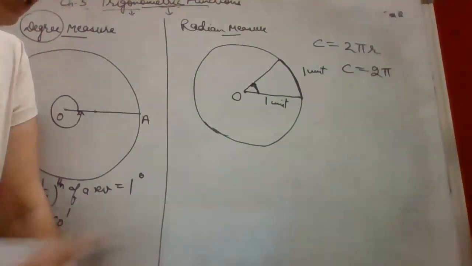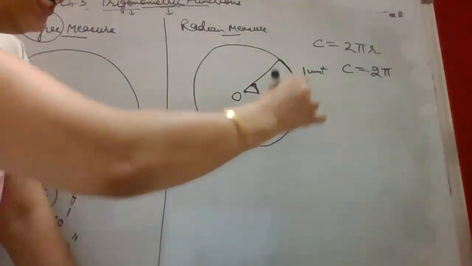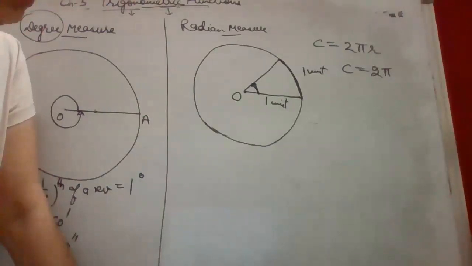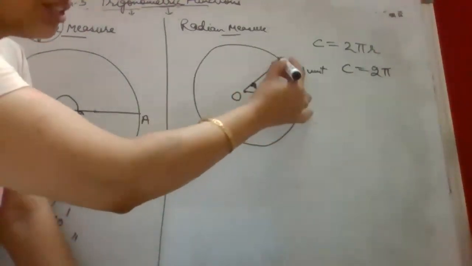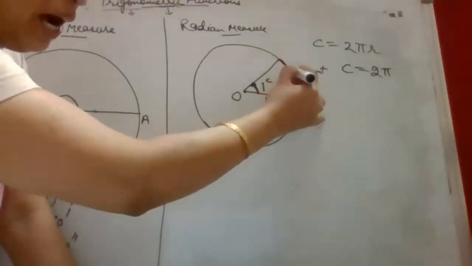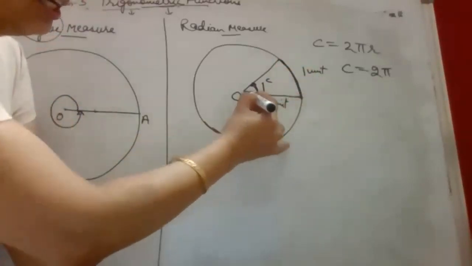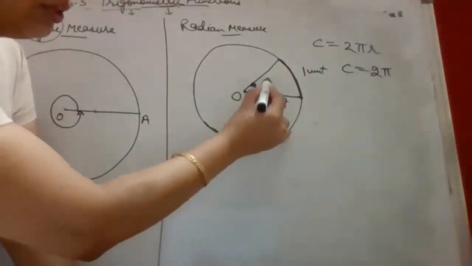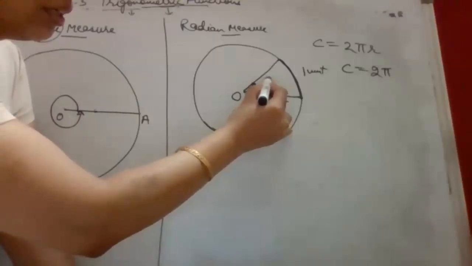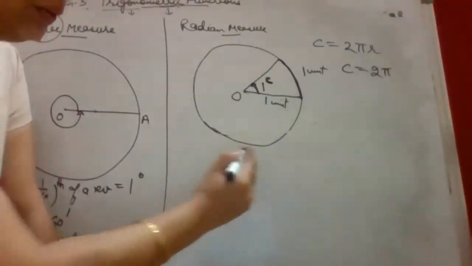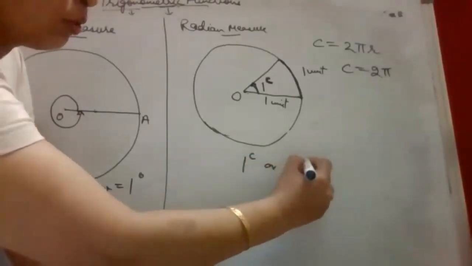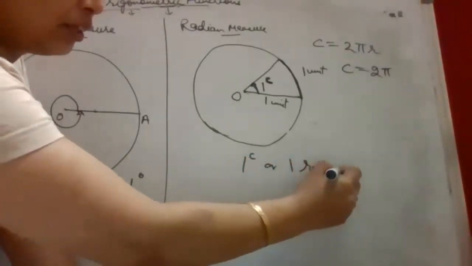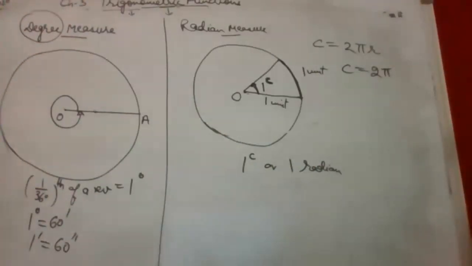So the complete circumference is 2 pi in the case of a unit circle. 1 radian is that angle which is subtended at the center by an arc length of 1 unit in a unit circle, and we denote this by a superscript c. Either we can write it like this, or we can also write it like this, 1 radian.